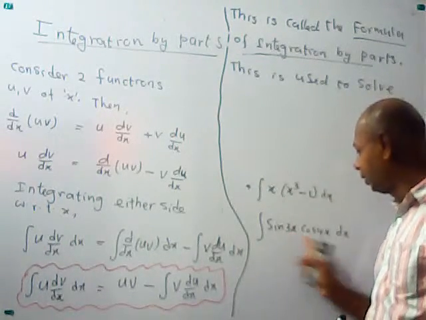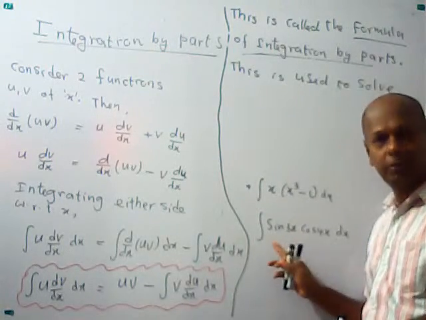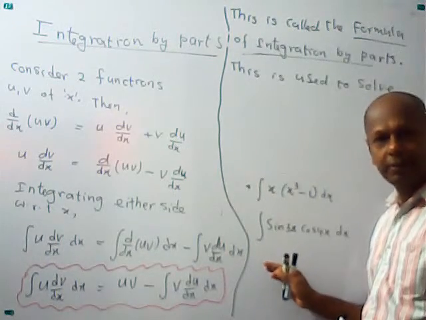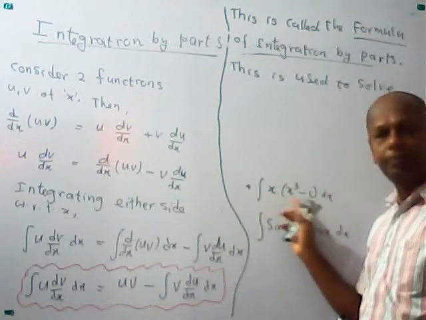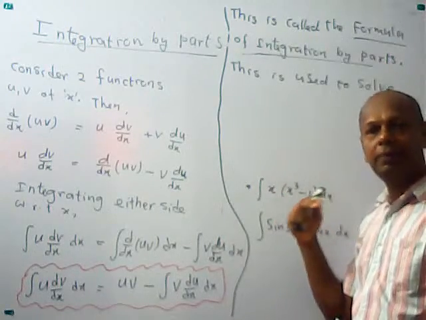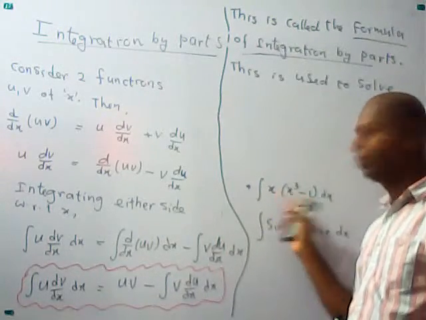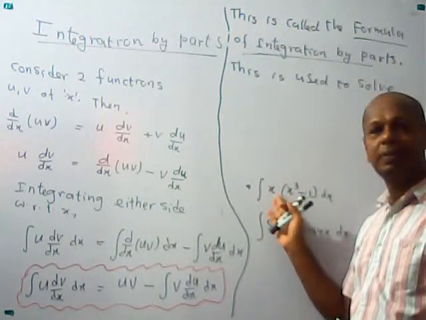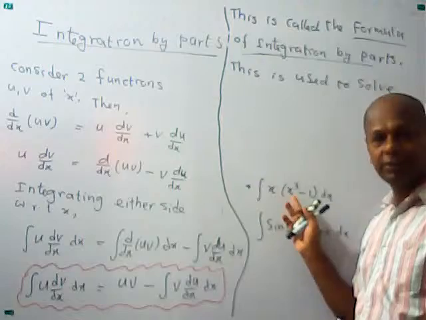For this, you can use the trig formula. You can convert it into an addition or difference. This looks like a product, but with a little simplification, you can convert it into an addition or difference, right?